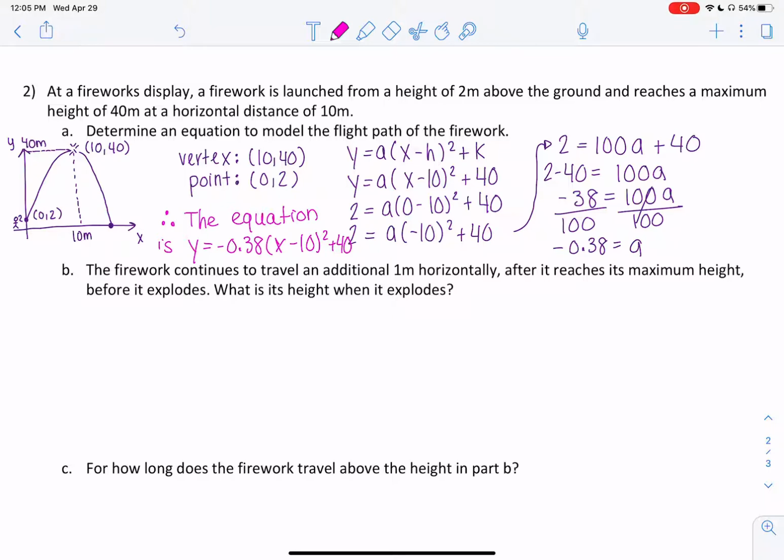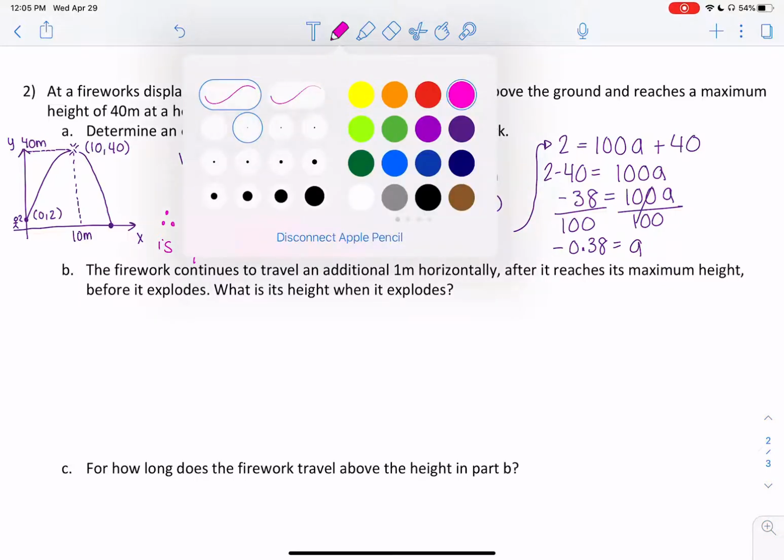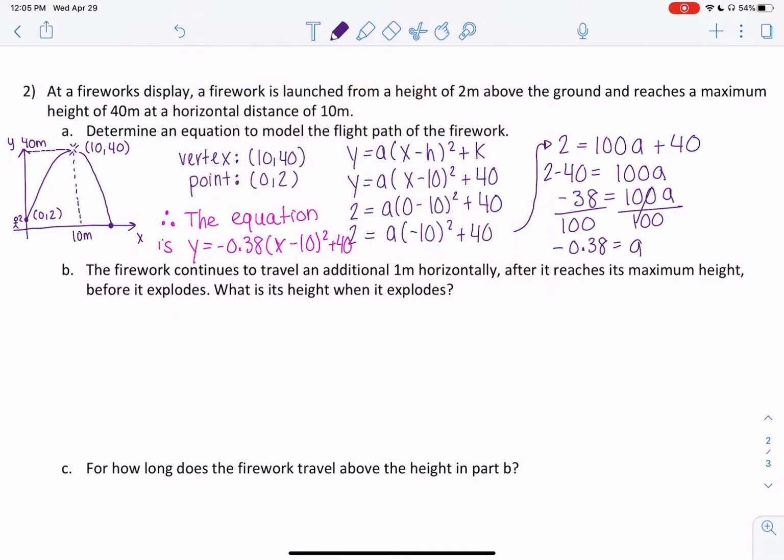Now, the firework continues to travel an additional 1 meter horizontally after it reaches its maximum height before it explodes. When does it explode? We know that its maximum height happens at 10, so we're looking for the part that happens at 11. So we're going to sub in x equals 11.